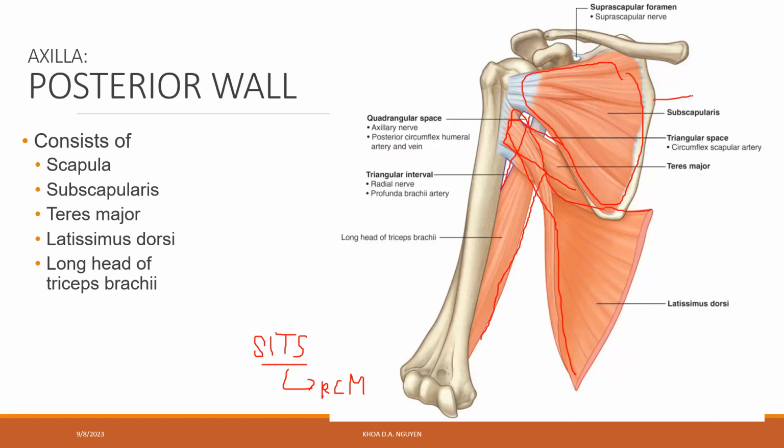And there's also a bone that helps support the subscapularis, and is also mentioned here, that is of course the scapula. So the posterior wall is going to consist of multiple structures: the scapula, the subscapularis, the teres major, the latissimus dorsi, as well as the long head of the triceps brachii muscle.